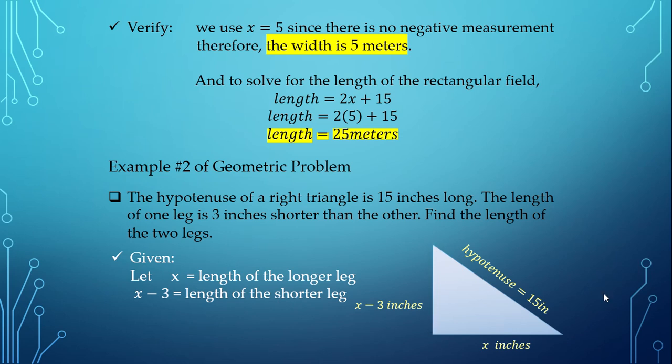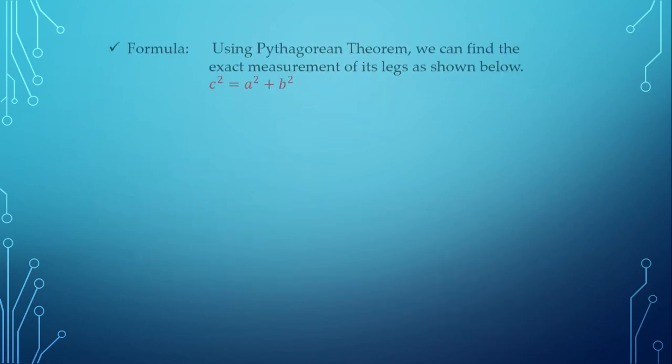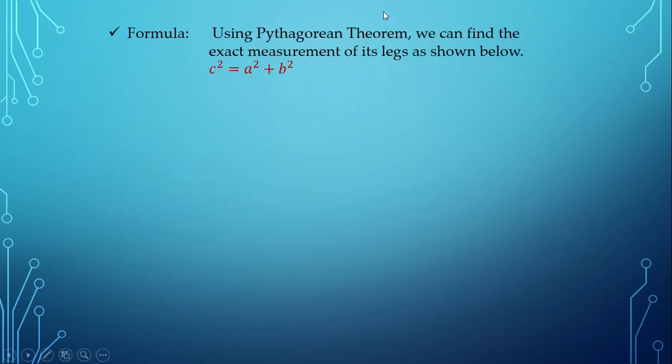So, to proceed, the formula. Using the Pythagorean theorem, we can find the exact measurement of its legs as shown below. The c squared represents the hypotenuse, while a and b represent the short leg and the longer leg.